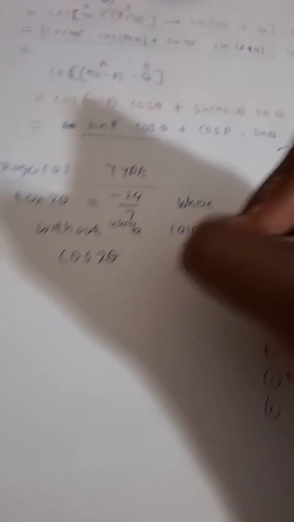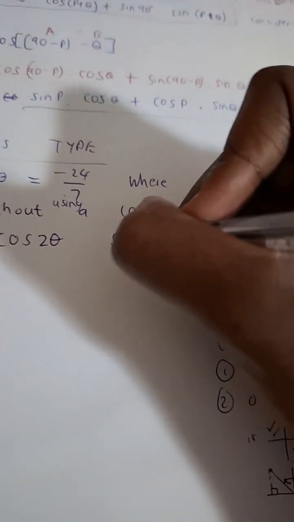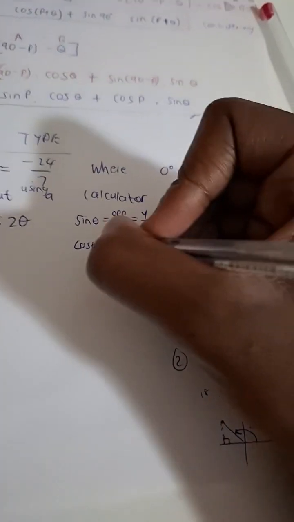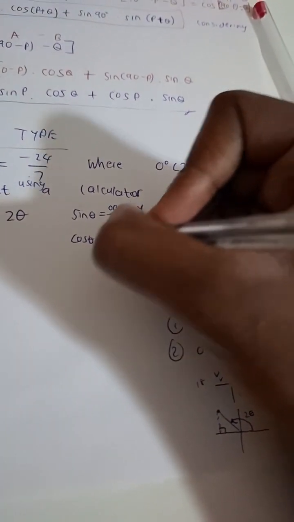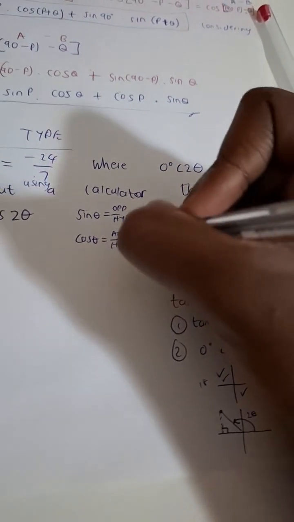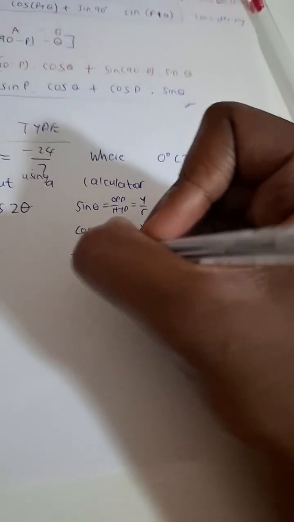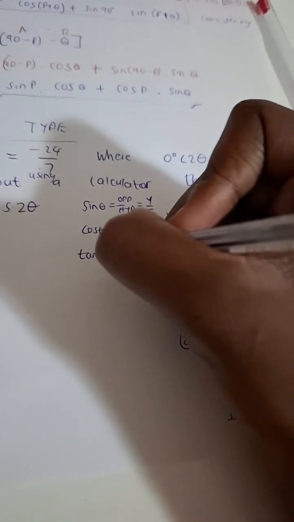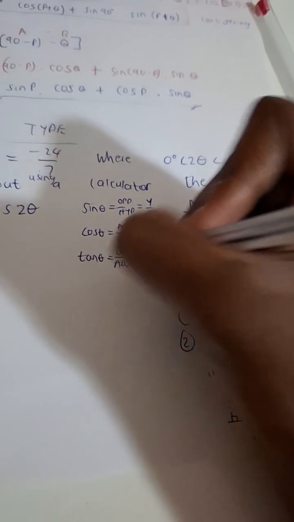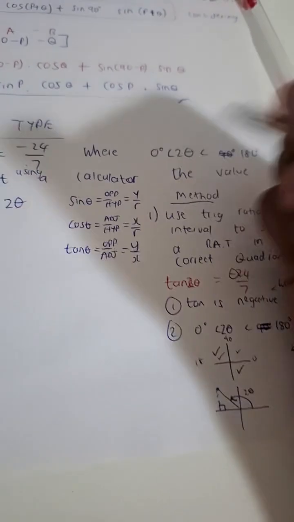Remember, guys, you are supposed to know that in terms of y, x, and r, sin theta is equal to opposite over hypotenuse for a normal right angle triangle, but that's y over r. Cos theta is equal to adjacent over hypotenuse in a right angle triangle, but that's x over r in a Cartesian plane. And then lastly, tan theta is equal to opposite over adjacent, which is y over x.